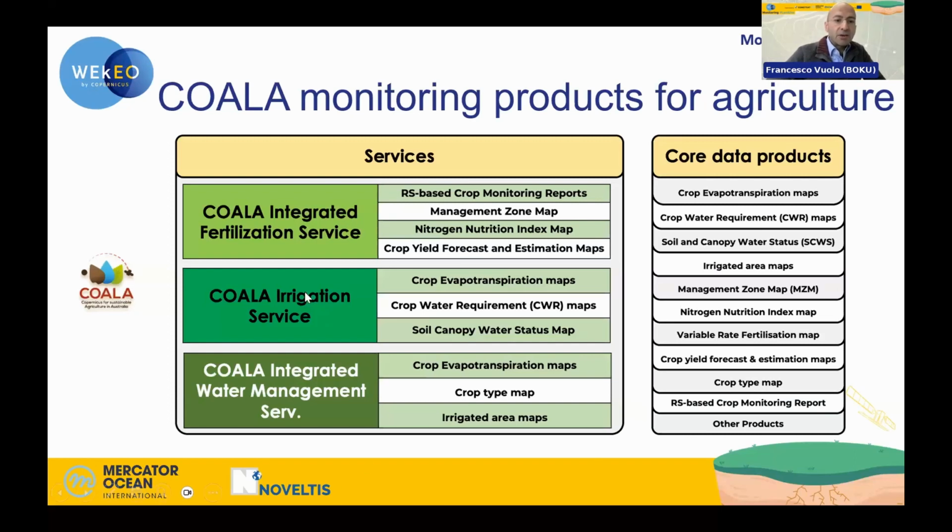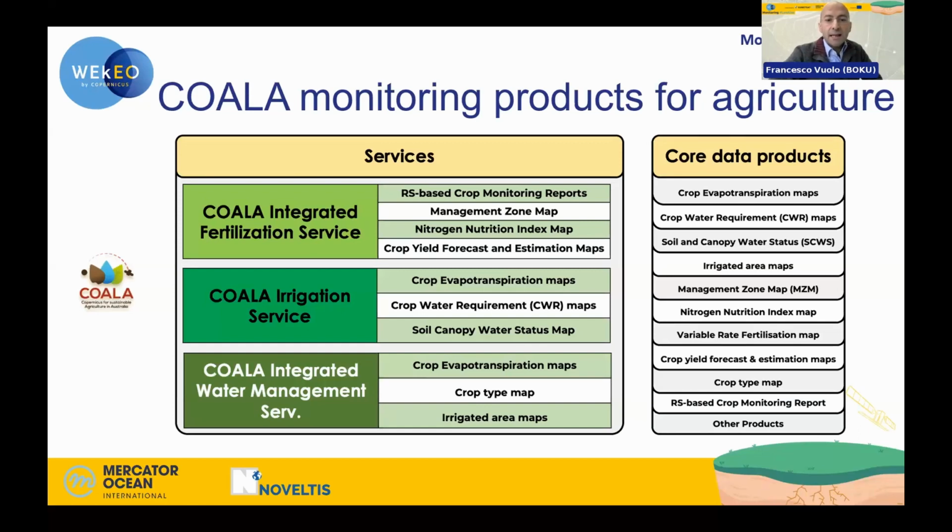The other big category of service, I'm moving my mouse so you can see, is the irrigation services. So lately, across Europe, across the world as well, water has become more and more scarce. And there is more attention to how much water we use in the industrial, in the domestic, but also in the agricultural domain.